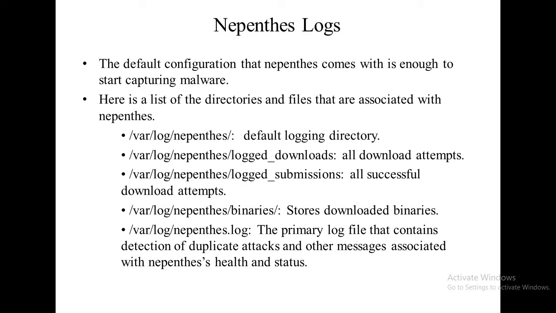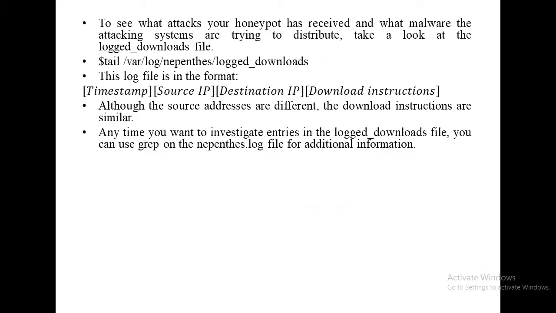Nepenthes.log is the primary log file, which contains the detection of duplicate attacks, the attacks made, and messages associated with Nepenthes health and status. To see what attacks my honeypot has undergone, that information is shown in the logged downloads file. The download entries are stored in the format of timestamp, source IP, destination IP, and the download instructions.